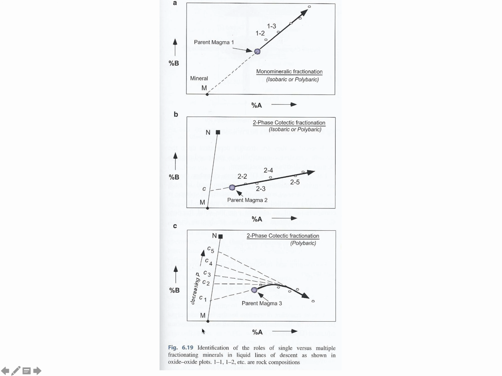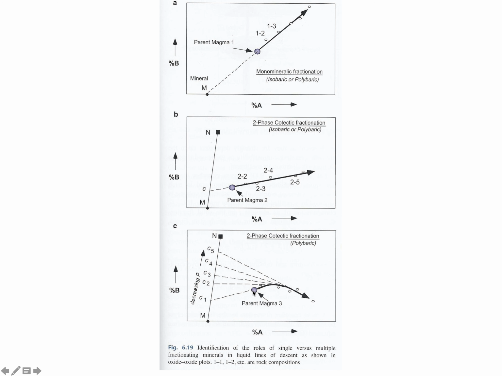They are chemically totally different. Here we have the fractionation trend of the parent magma, and here we have the mineral. It is all on one trend for the monomineralic fraction. In the two-phase cotectic fractionation, here we have the development of the magma and here the development of our mineral.